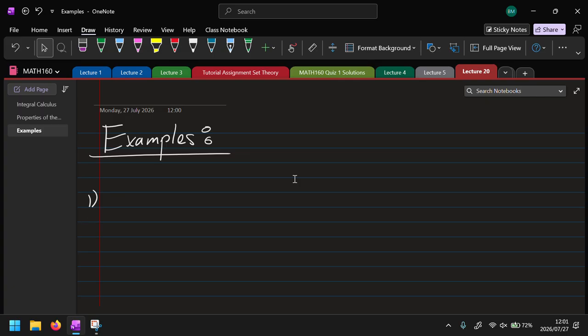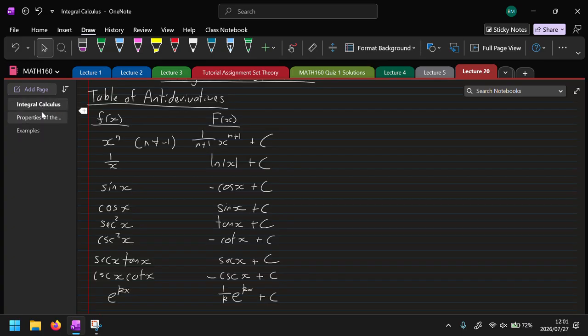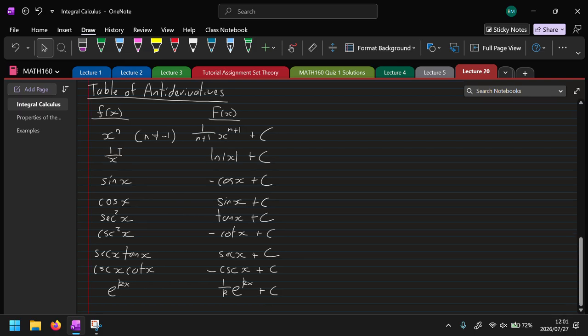Okay. So, number 1, we have f of x is equal to minus 3 over x cubed. Again, you look at it, look at the table, write down the answer. Now here we have something over x cubed. We go to our table. Okay, here we have 1 over x. That's not helpful.